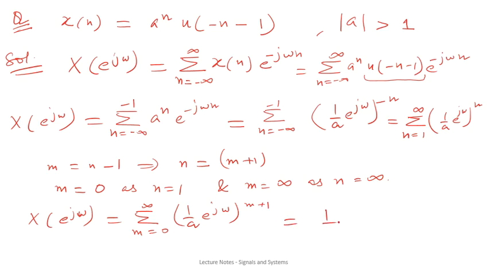which will be equal to 1 upon e raised to the power j omega, summation m equals 0 to infinity, (1 upon a e raised to the power j omega) to the power m. This can be further solved.